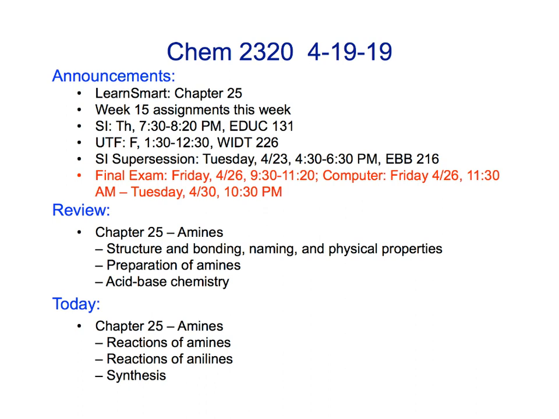We have already talked about a few things about amines. We've talked about their bonding, how to name them, their physical properties, how to make amines. We learned a couple of new reactions on ways to make amines. And then we talked about acid-base chemistry, and we listed out a bunch of amines.